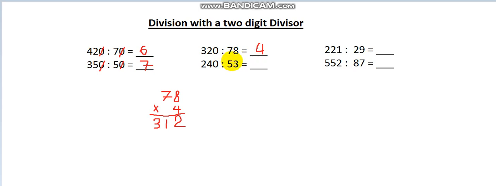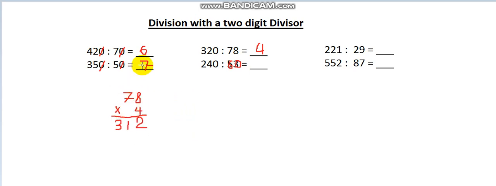Same goes here. I treat 53 as if it's a 60. And you might wonder, well, why should I treat it as a 60 despite the fact that it's closer to 50? And the answer is that I should treat it as if it's the closest 10 up, because if I just treat it as 50, then the chances of me getting a wrong answer are increased.